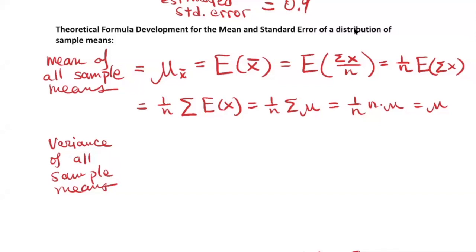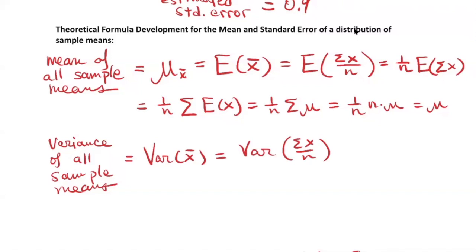So this is just var of x bar. X bar is a sample mean. Okay. And I do the same thing here. That's the variance of what x bar is, where the sample mean is you add up your outcomes and you divide by your sample size.